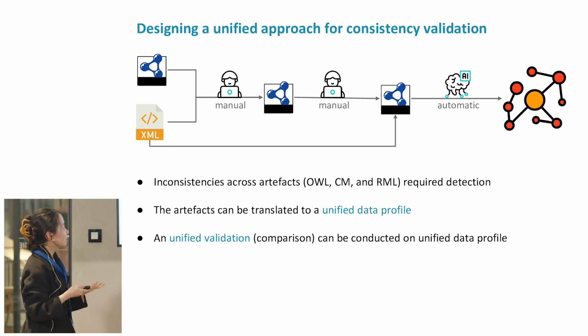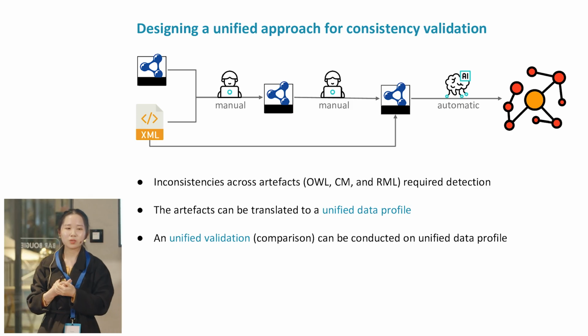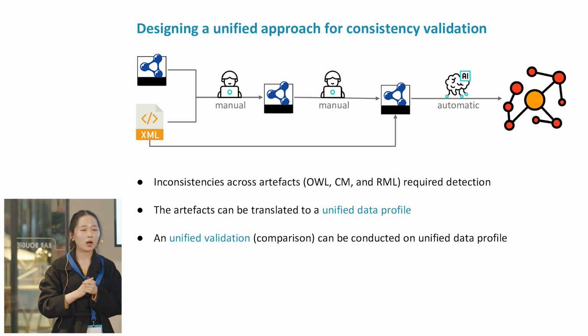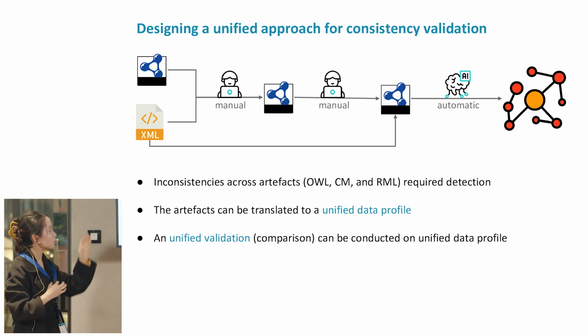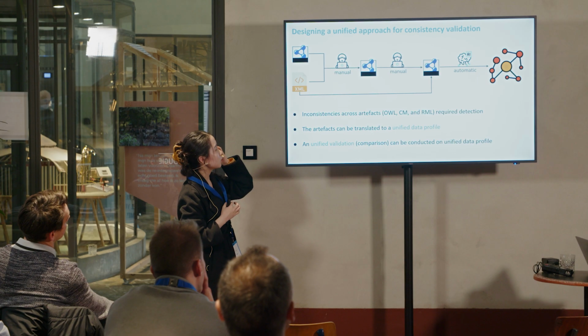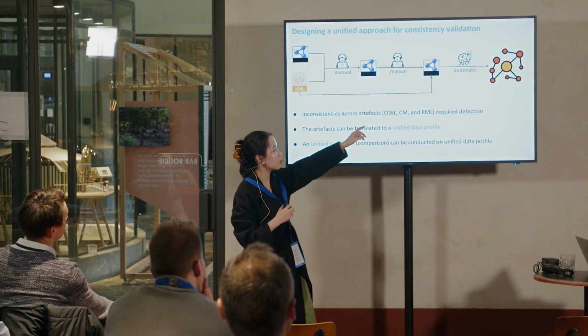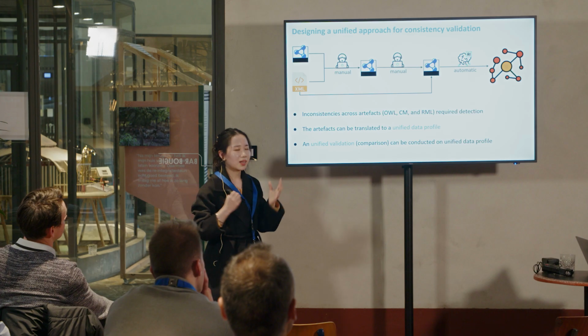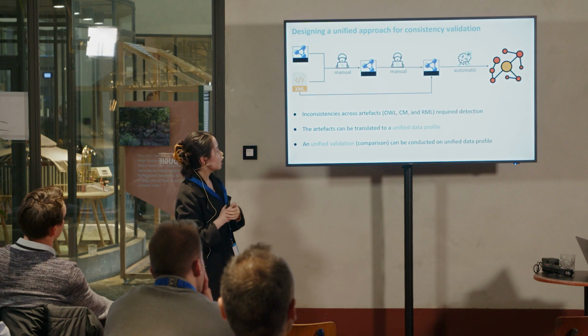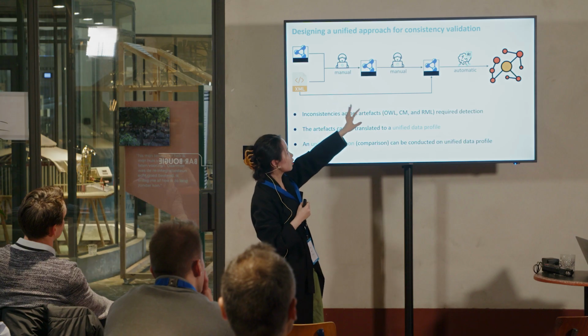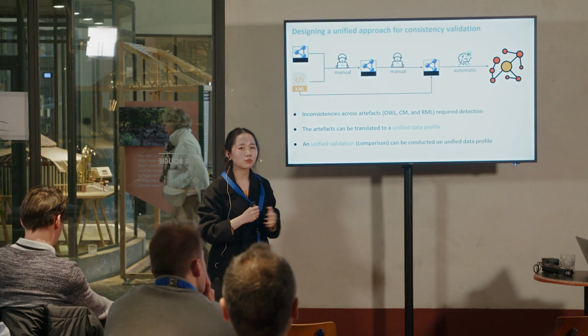But we don't want that, so the company responsible for constructing such a knowledge graph hoped our team from Leuven could help them design a unified approach to detect this inconsistency before the knowledge graph is constructed. What we want is a unified data profile for many different data formats.